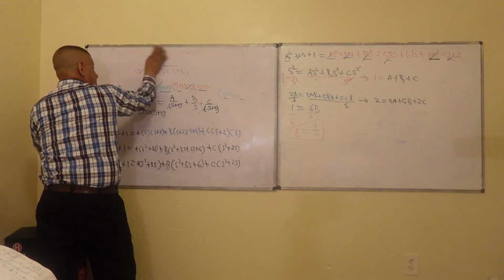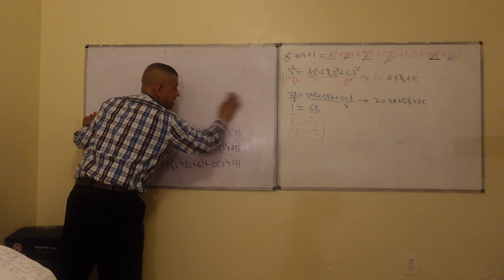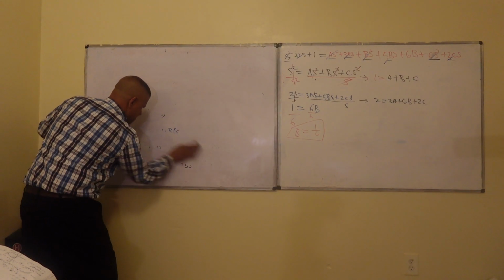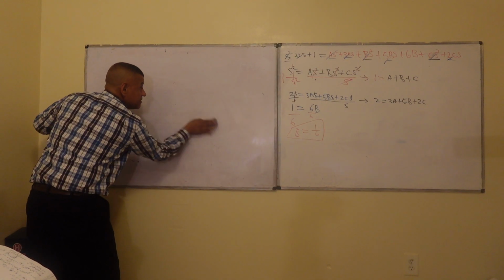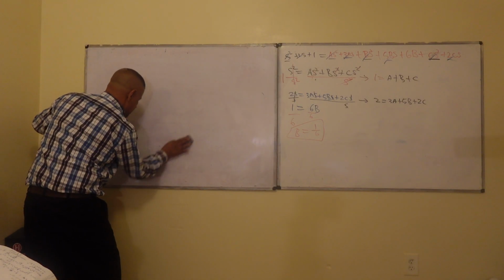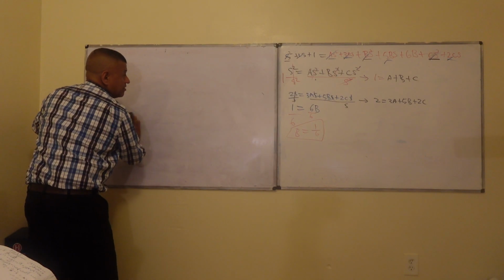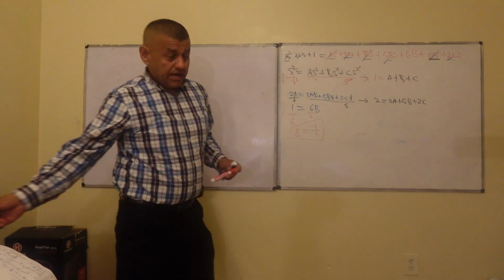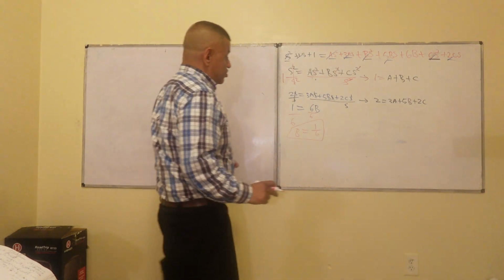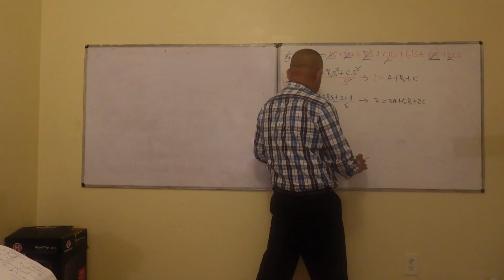Let me just clean this up. As you can see, now that I have one value, I already got my B. And I need to find A and C. So let me use a little space right here to do the rest of this algebra.